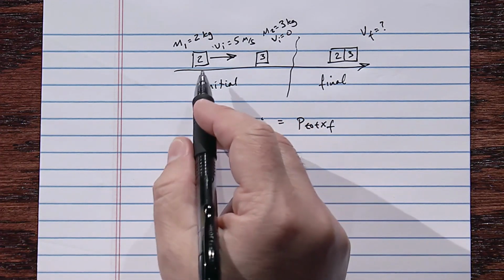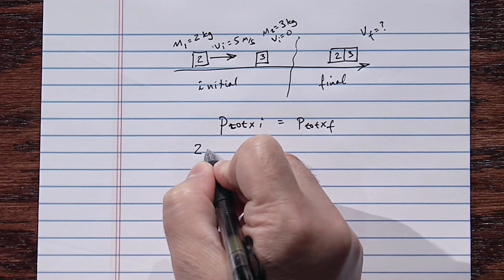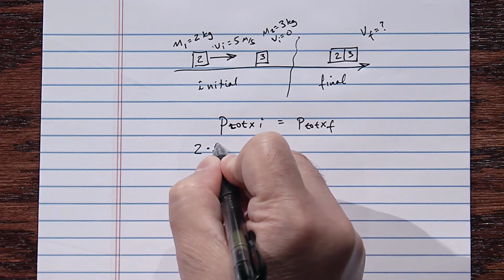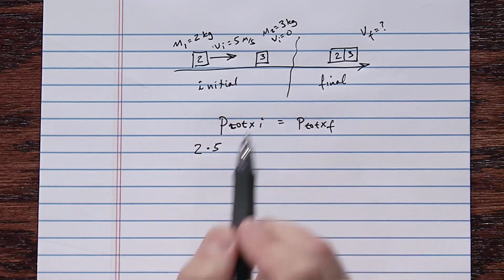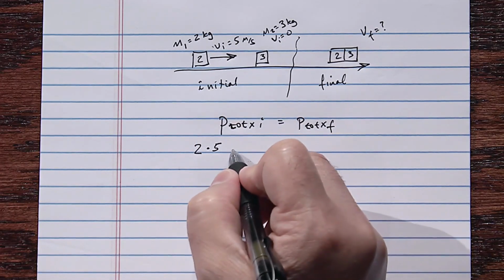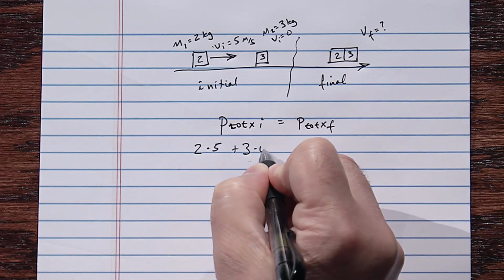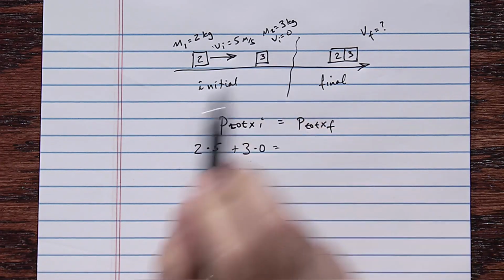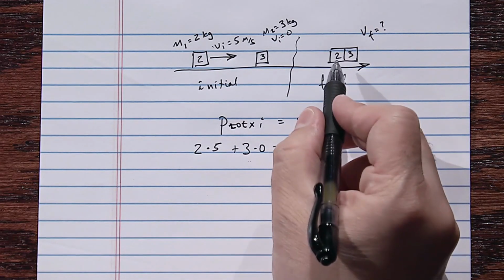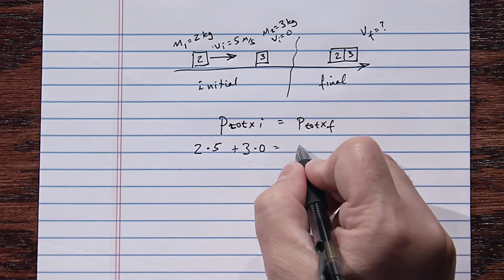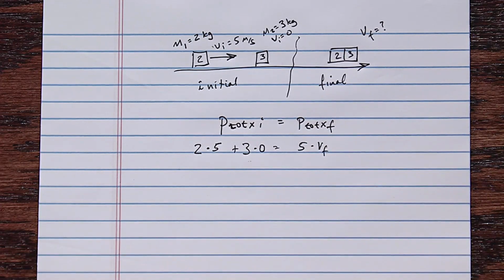So how much momentum do we have initially? We have 2 kilograms moving at 5 meters per second. That's mass times velocity, plus 3 kilograms times 0 initial velocity, equals what we finally have, which is a 5 kilogram mass moving at V final.